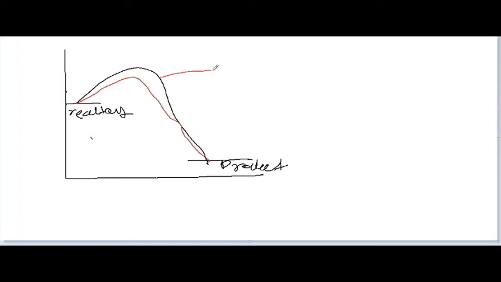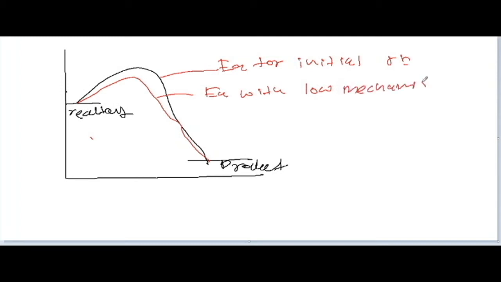Here this is the activation energy, Ea, for the initial reaction, and this one is the activation energy with low activation energy, a low-energy mechanism path. That's what happens to the activation energy.